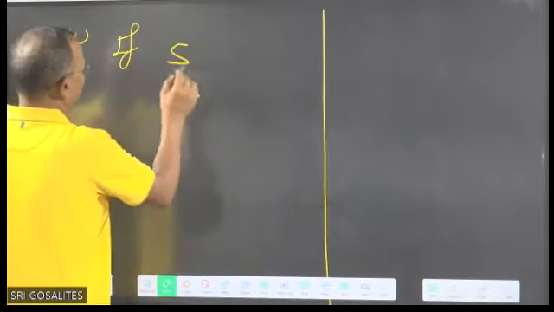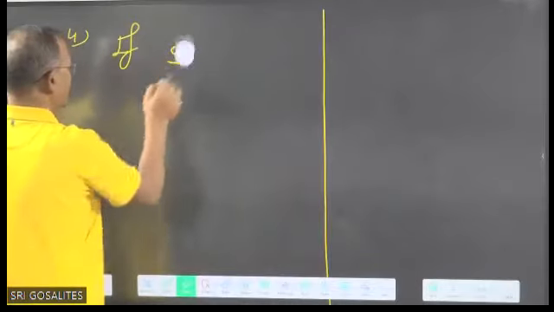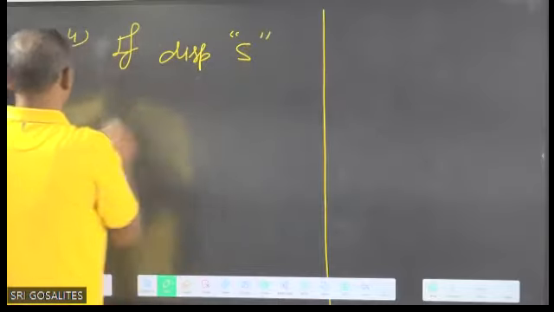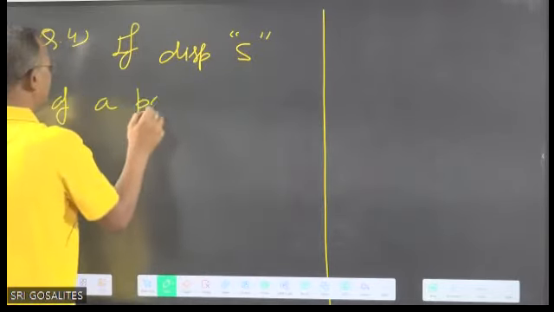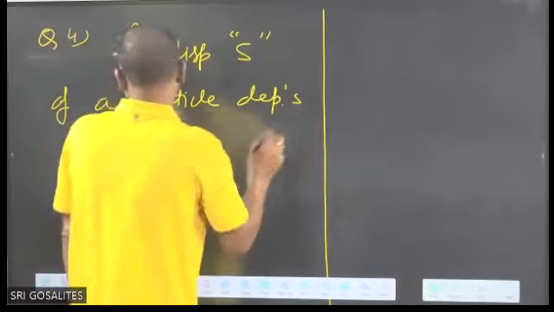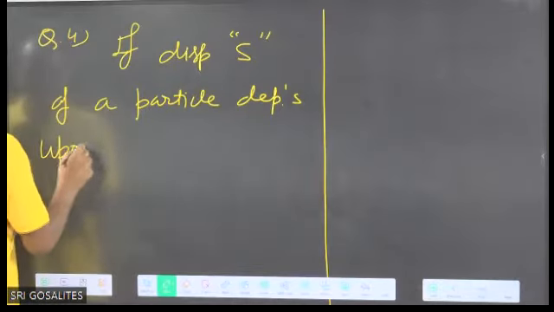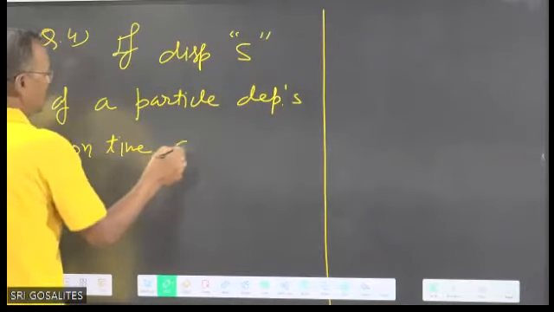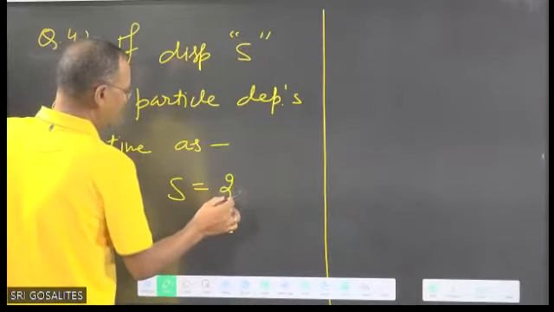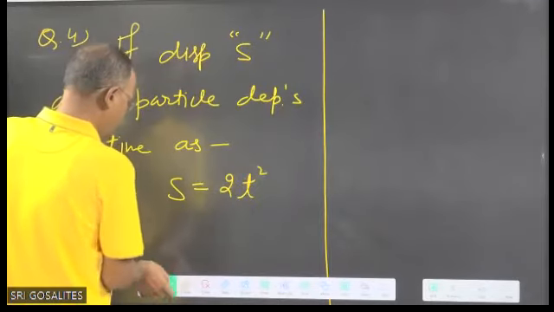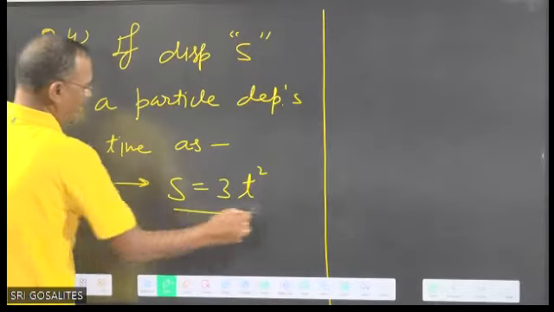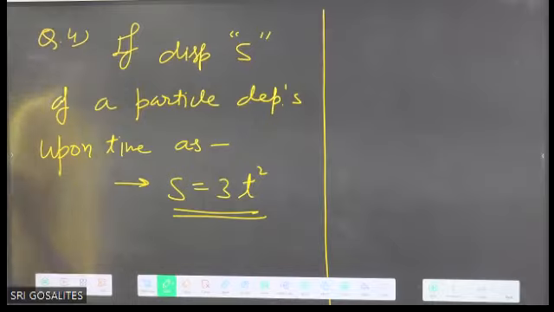If displacement s of a particle depends upon time as s equal to 3t square, means the body का displacement time पर कैसे depend कर रहा है, 3t square.